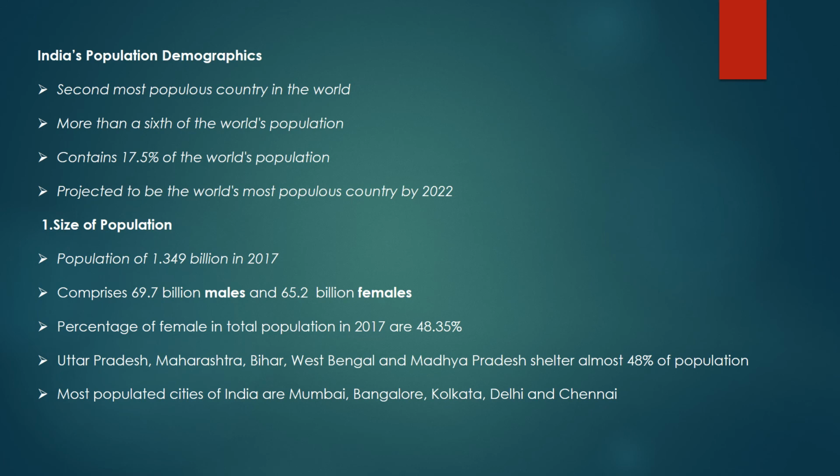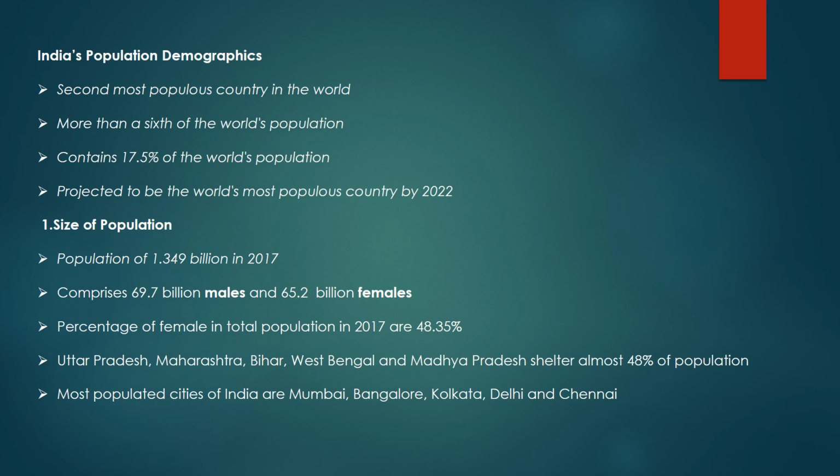To start with the features of India's population, let us have a look at the size of population. As mentioned earlier, India has 1.35 billion people with an annual population growth rate of 1.15%. It comprises 69.7 billion males and 65.2 billion females. The percentage of female population was around 48% in 2017.